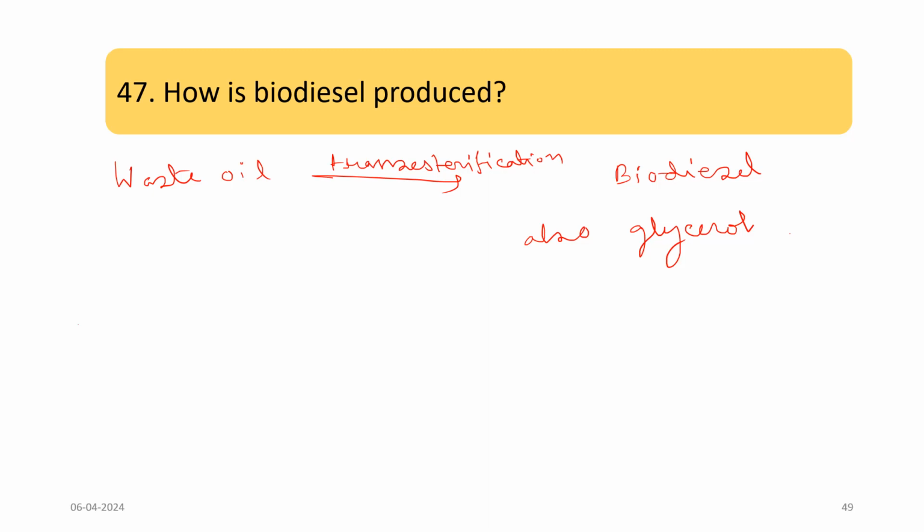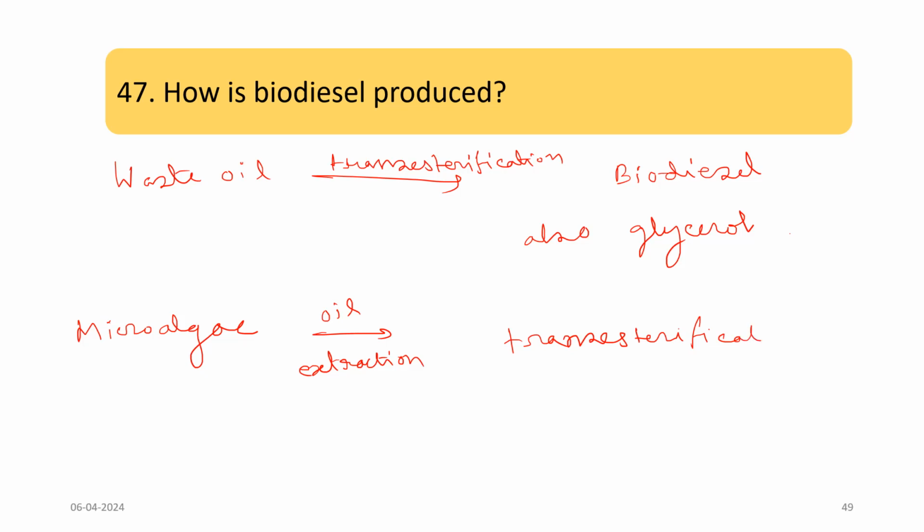Also microalgae after oil extraction and then esterification can produce biodiesel. Okay, so these are the two methods of production of biodiesel.